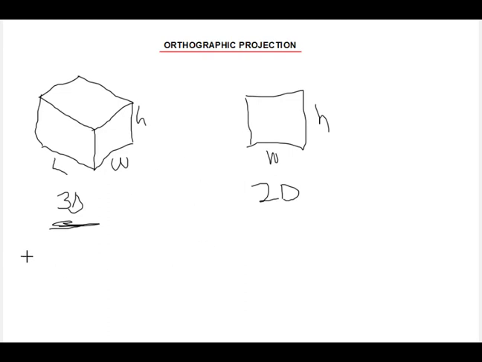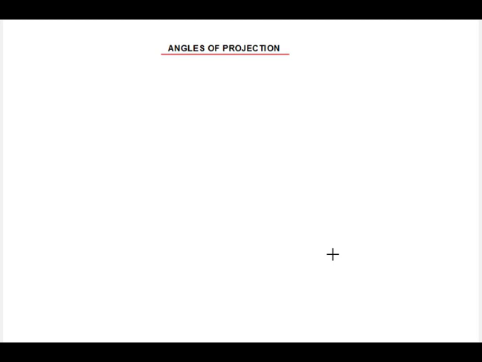So let's look at angles of projection. Orthographic projection involves the use of 3 planes. They are the vertical plane, the horizontal plane, and then the profile plane.